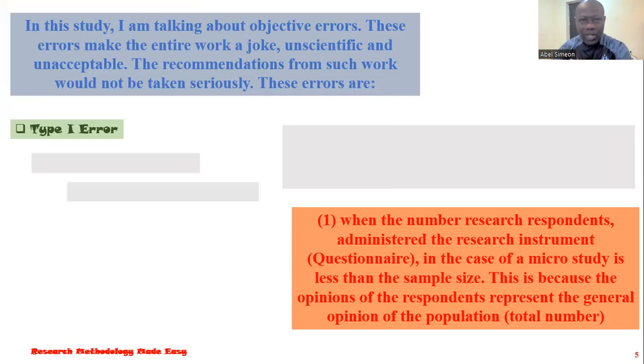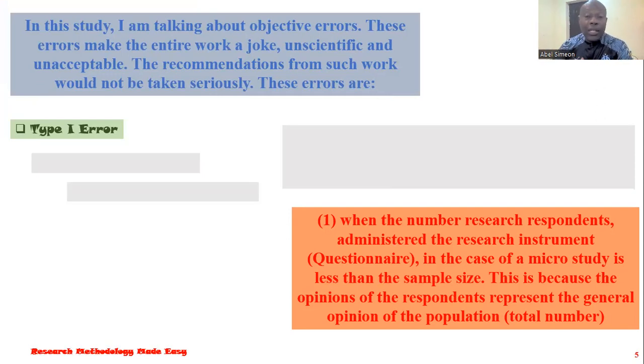The general population is represented by the sample. But if the number of people you administer the questionnaire to is less than the sample size, then of course the ideas coming from these people cannot represent the total population.